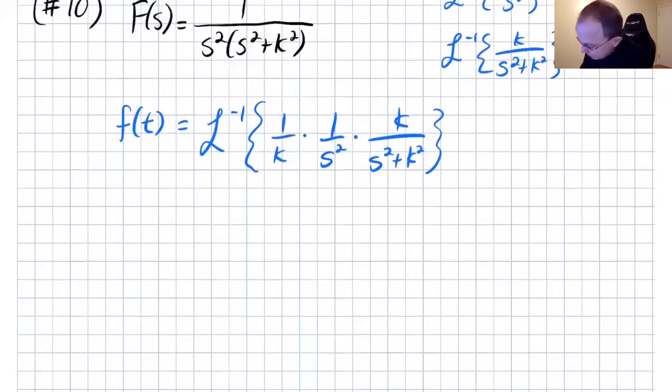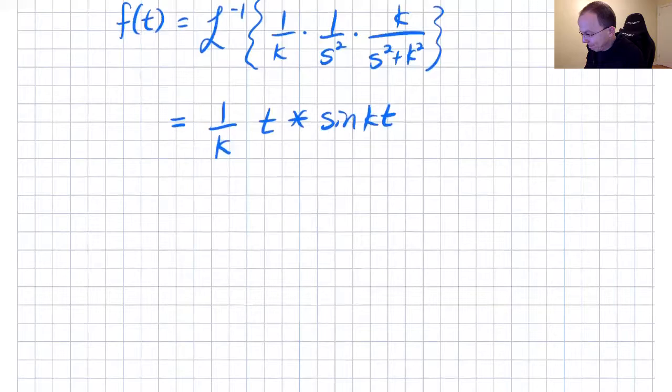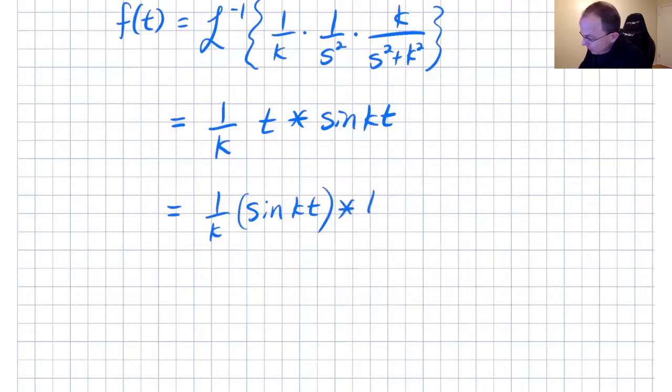Now by the convolution theorem, this is going to be 1 over k times t convolved with sine kt. I'm trying to decide which order to do that in. Maybe I'll flip it around and do sine kt convolved with t.